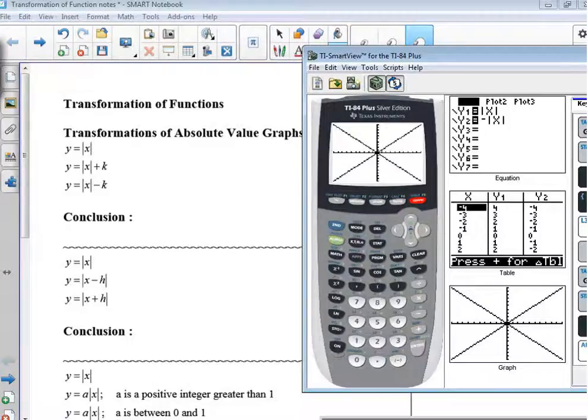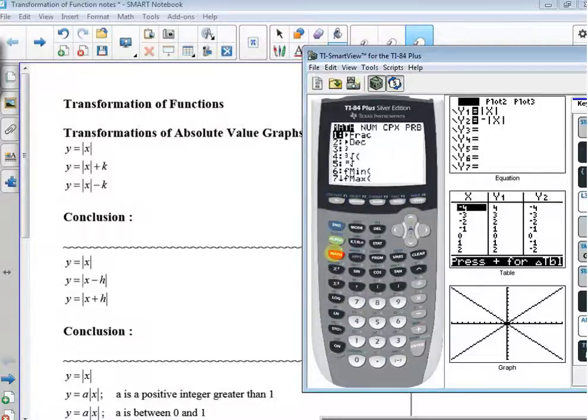Let's start the transformation of functions lesson with the calculator. So get that out. And let's put into y1 the absolute value of x. Remember, you go to math, num, and it's right there.